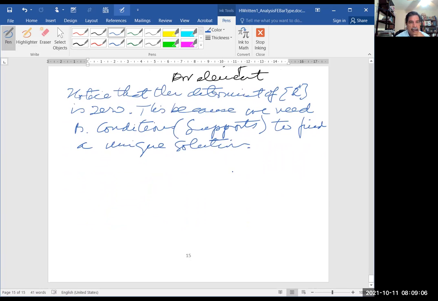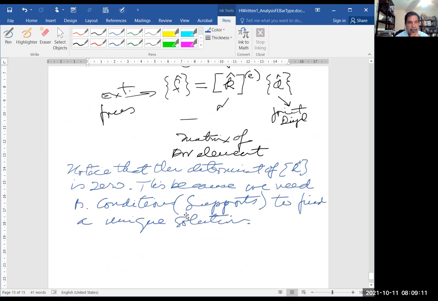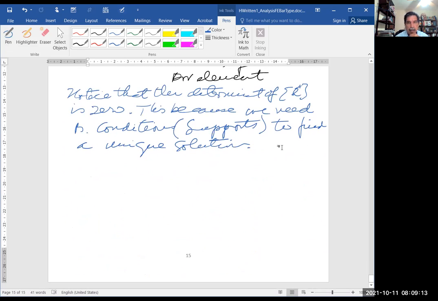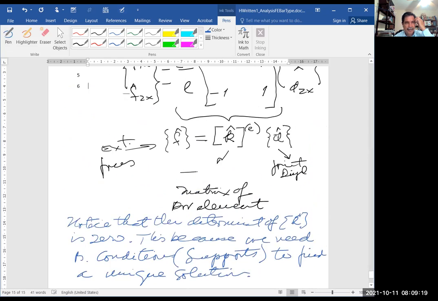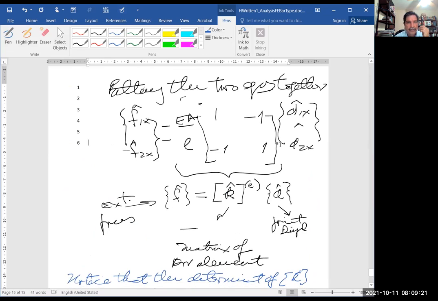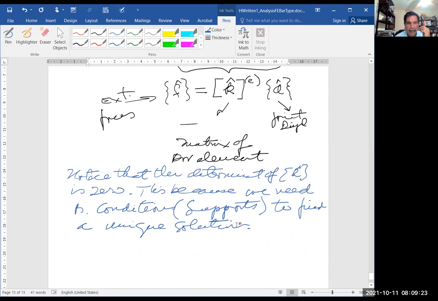Let's suppose we apply an example. Let me stop because I need more spaces. Damn it. What happened? Oh, shoot. Damn it. Jesus Christ.